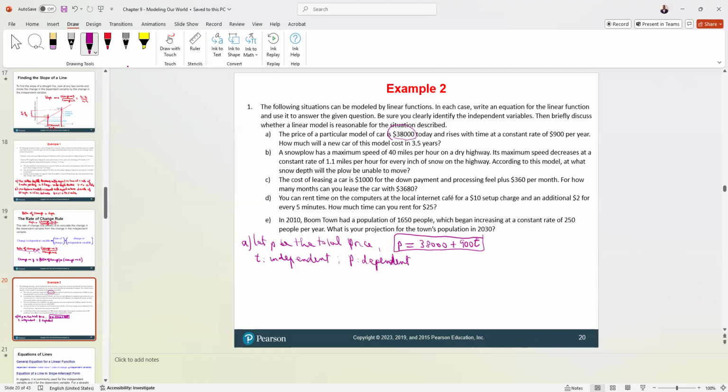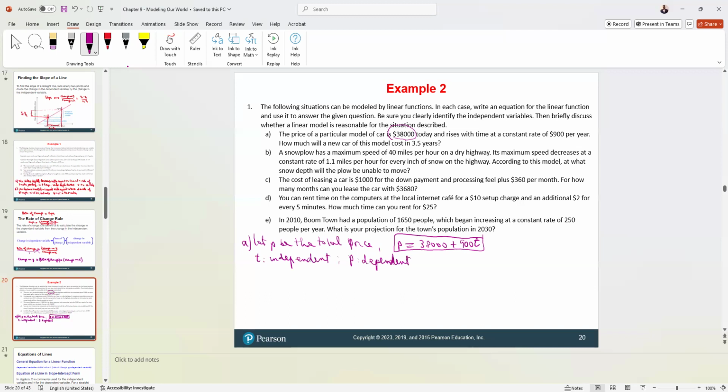I'm hoping you get this correct. So the independent variable is time, measured in years. T represents today if t equals 0. The dependent variable is price. P is measured in dollars. So the equation, as it says, is P equals 38,000 plus 900t.